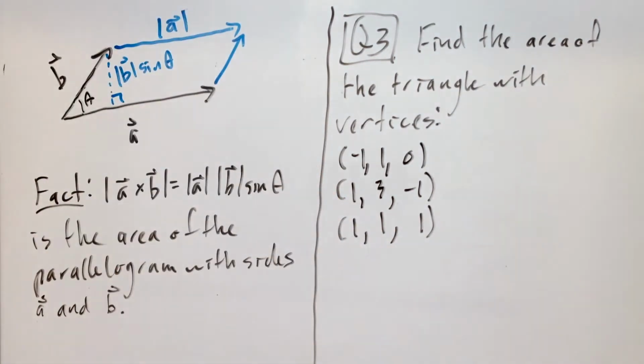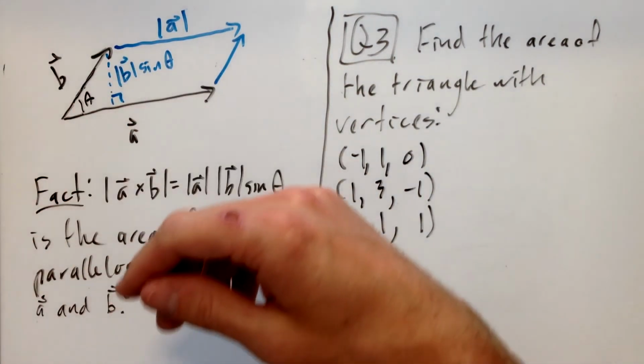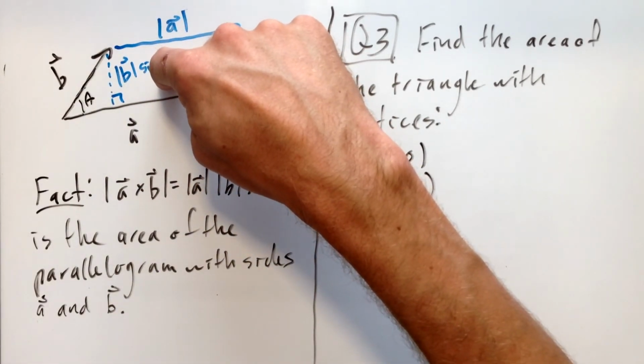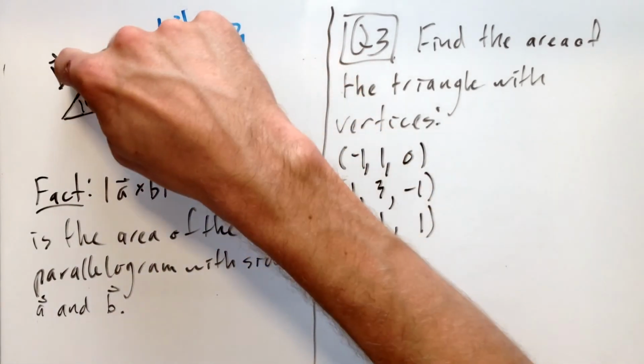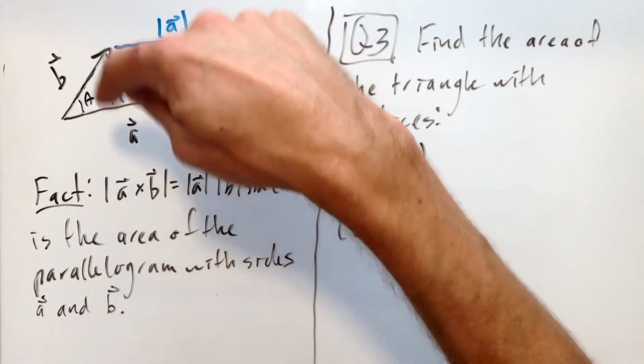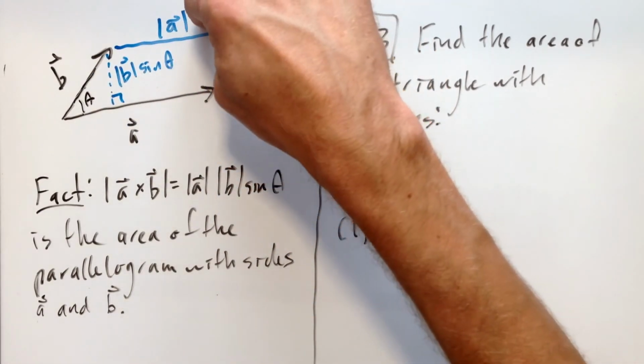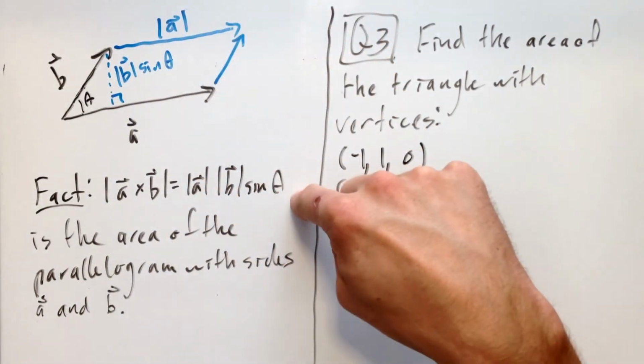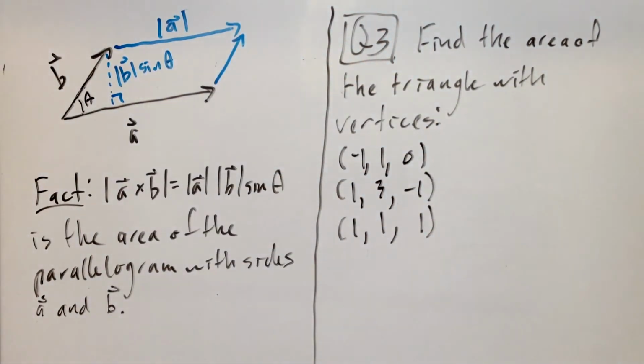The hypotenuse has magnitude of B. This is theta. This is the opposite side, so this has length magnitude of B times sine of theta. Great. Height is that. The base is A. So magnitude of A times magnitude of B times sine theta is the area, and that's precisely the magnitude of the cross product.